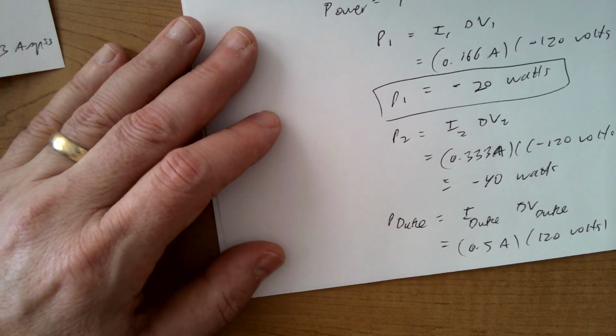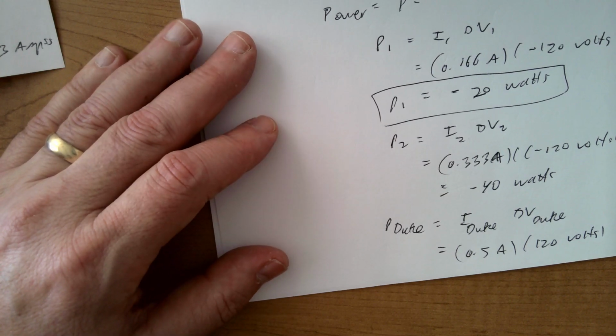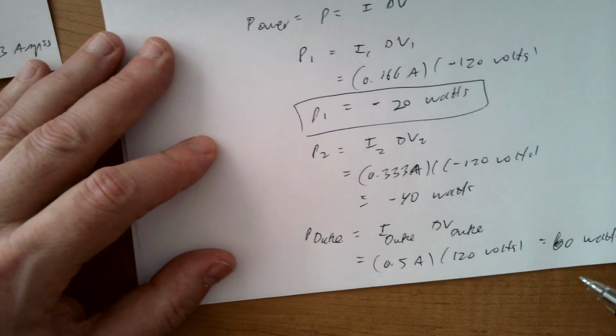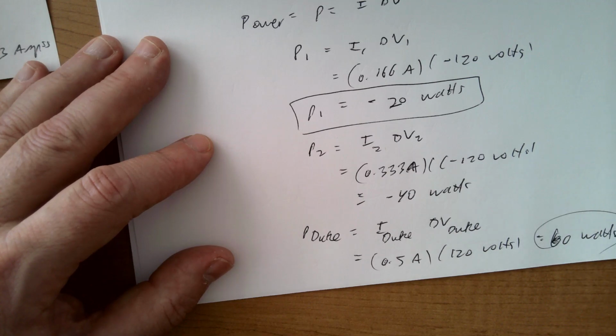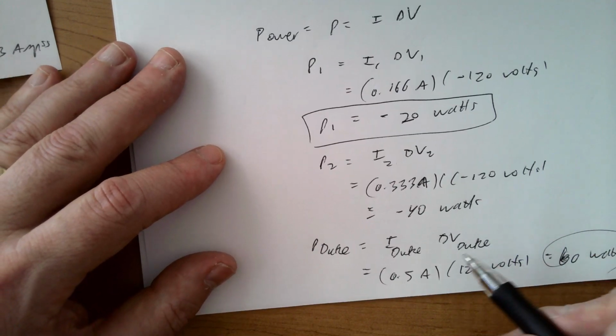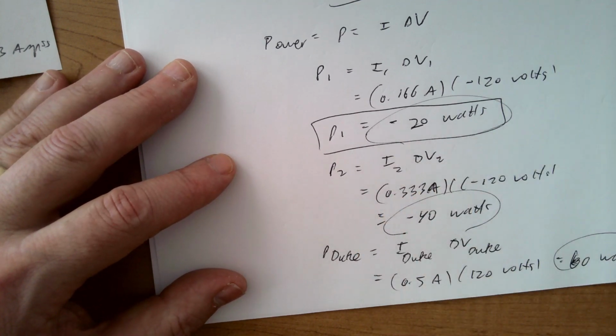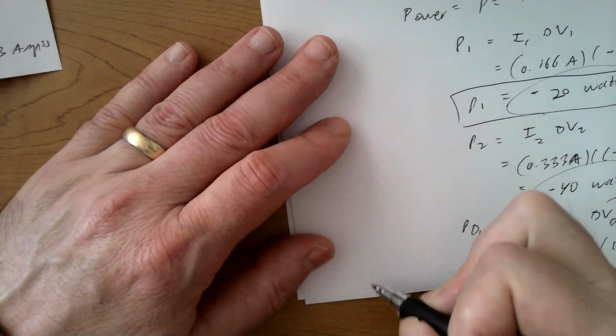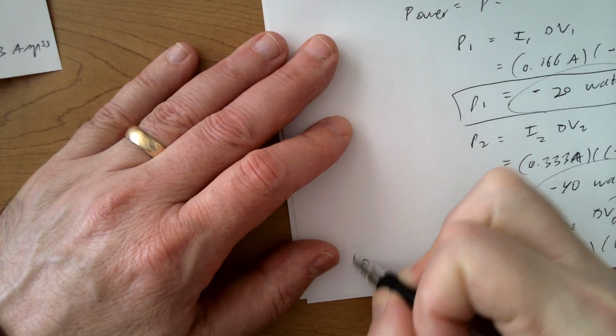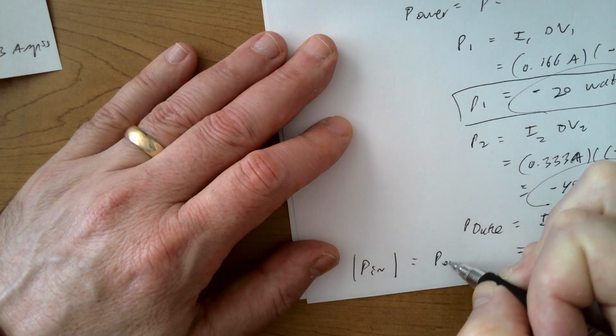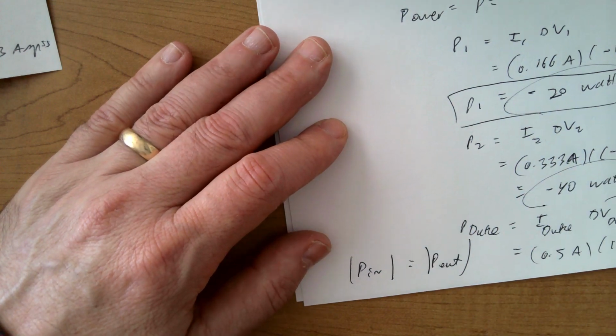And so notice, this should also make sense, that the power supplied to the circuit, which is 60 watts, supplied by the voltage source, is equal in magnitude to the power dissipated, which is negative 60 watts. Total electric power taken out of the circuit by the resistors. So that's worth knowing. P in magnitude equals P out in magnitude.